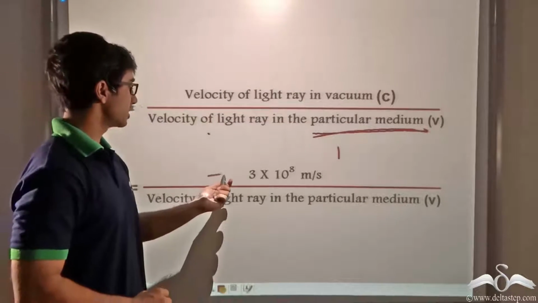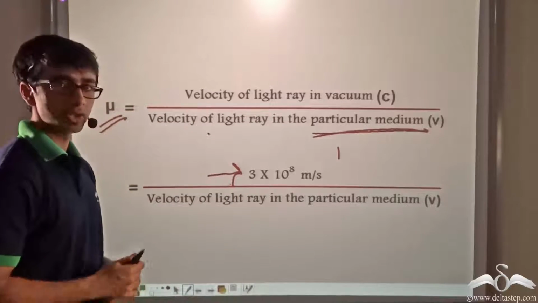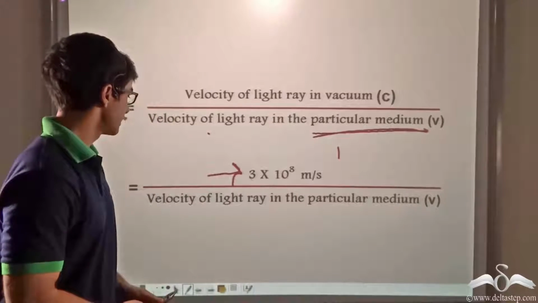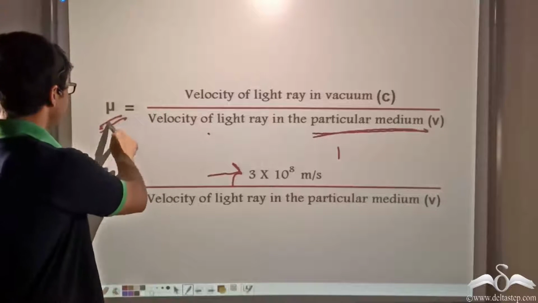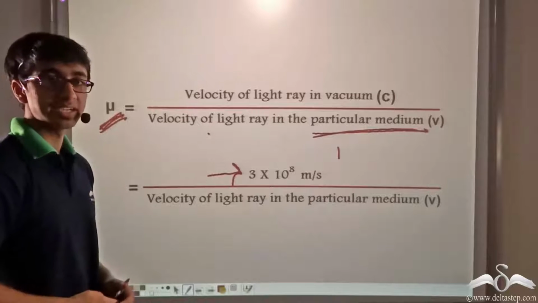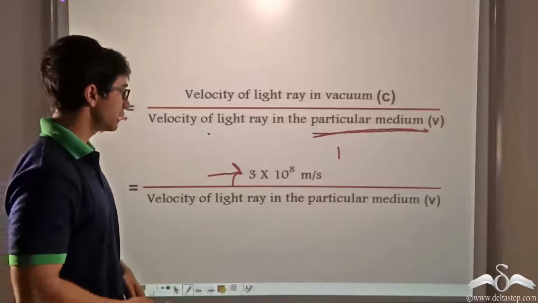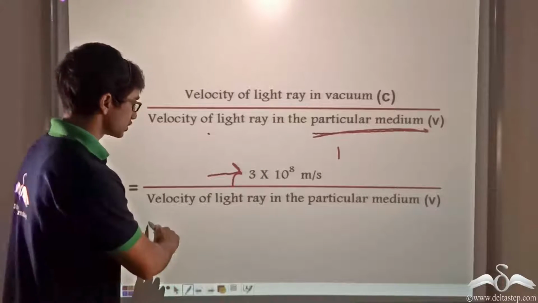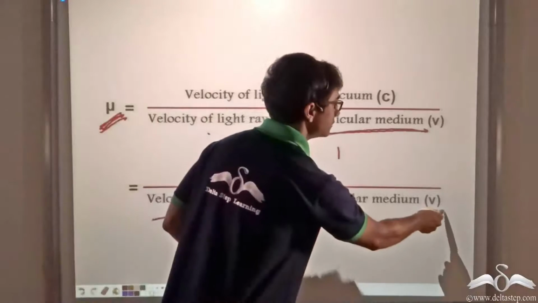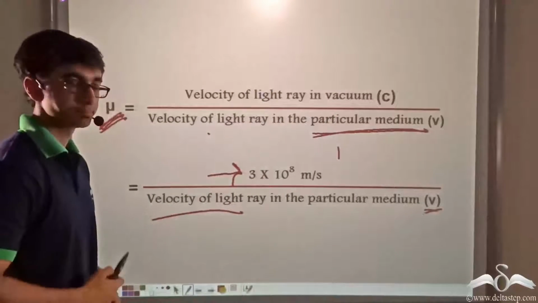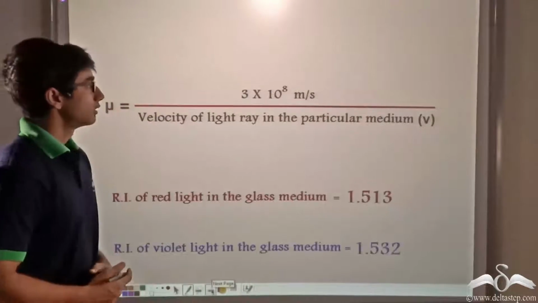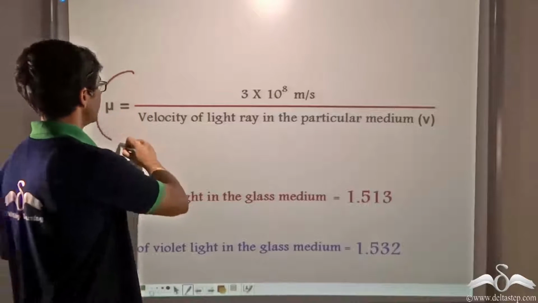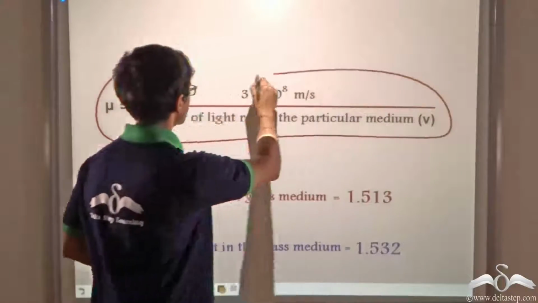Since the velocity of light ray in vacuum or air is a constant, that is 3 × 10^8 meters per second, the absolute refractive index of the medium will be given by 3 × 10^8 meters per second divided by the velocity of light in that particular medium, depicted as V. So we can say that the refractive index will be given by this expression.